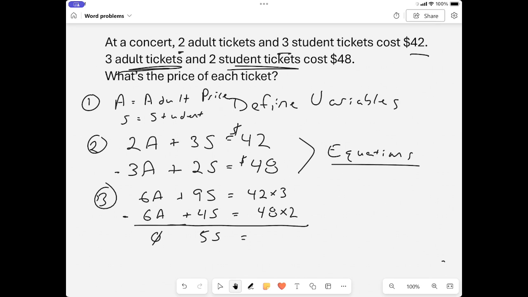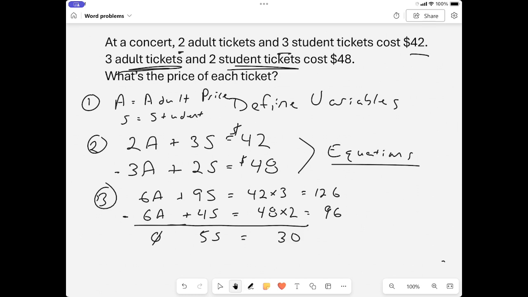If you were really smart, you would have done this ahead of time, but we're not. This one was 126, and then 48 times 2 is 96. I actually knew that in my head, but I'm just double checking. So now 126 minus 96, using my trusty calculator, is equal to 30.